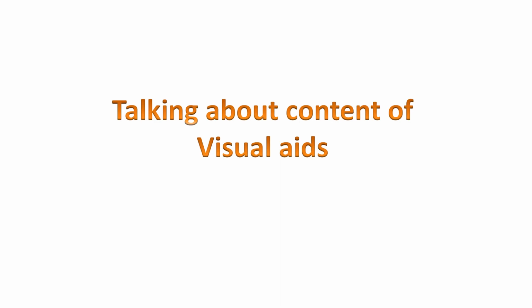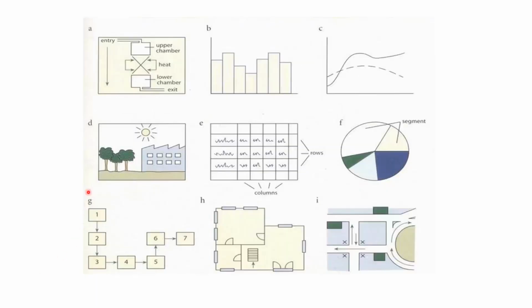Okay, everyone. So let's see. We are going to see the content and visual. You have to know pie chart, map, bar graph, table, diagram, picture, line graph, flow chart, and plan, and so on and so forth. Here is the pie chart.